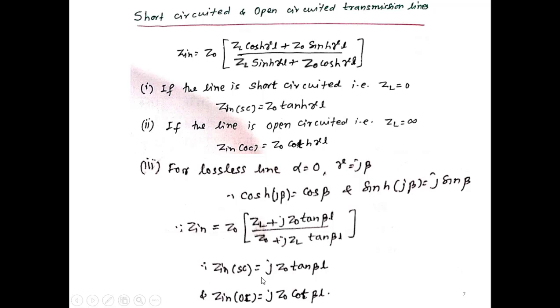Therefore, Zin short circuited is given by, if we substitute the value ZL equal to 0, we will get j Z0 tan beta L, as obtained in the above equation. Similarly, Zin open circuit is equal to j Z0 cot beta L by putting ZL equal to infinity.